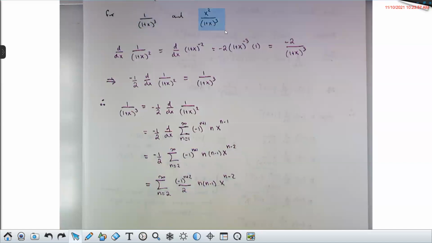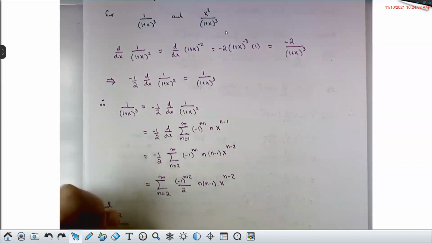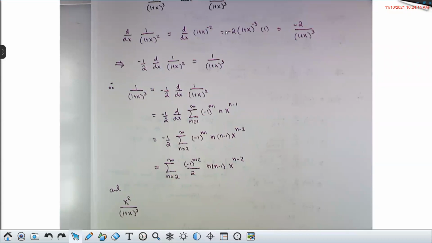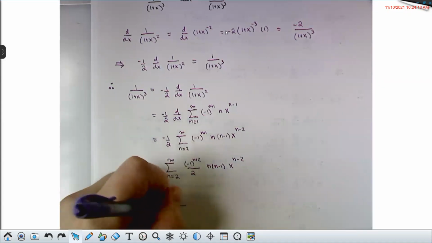Then part C asks for this guy. The relationship here is not so bad. I don't need to do any more calculus. x squared over 1 plus x all cubed is x squared times 1 over 1 plus x all cubed.